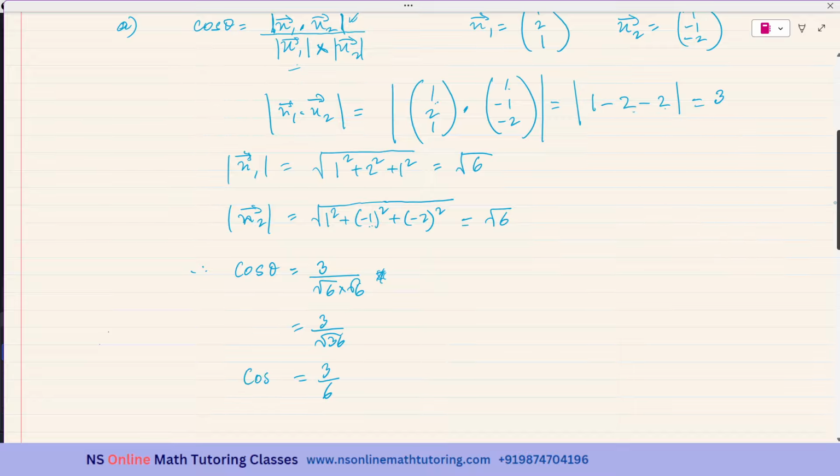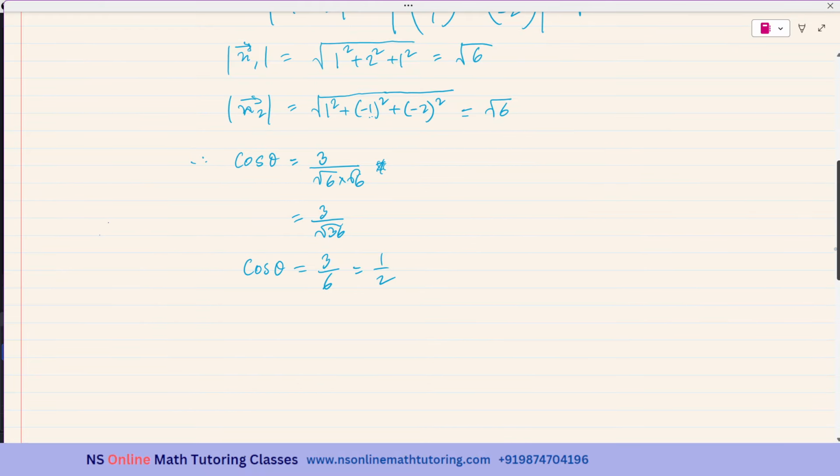So cos theta is equal to 3 over 6, or equal to half. Therefore, theta is equal to 60 degrees. Shown.